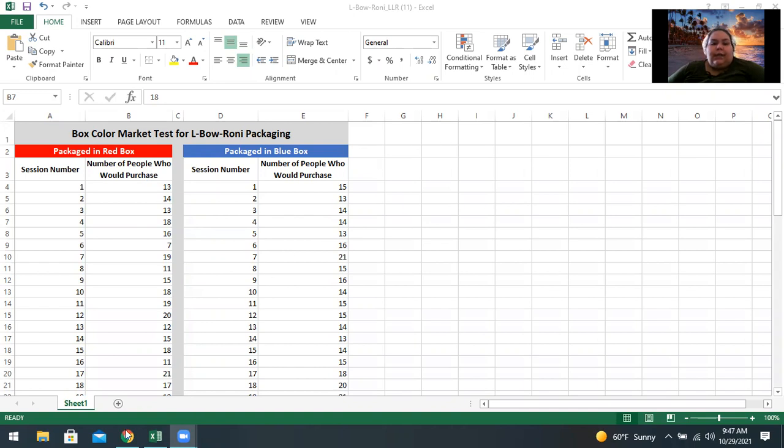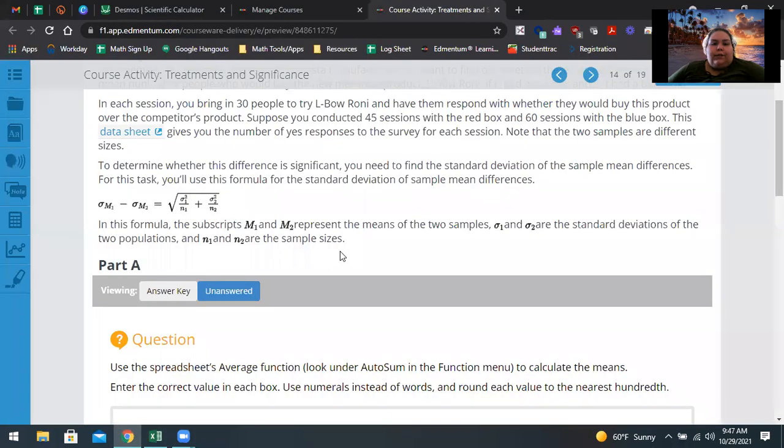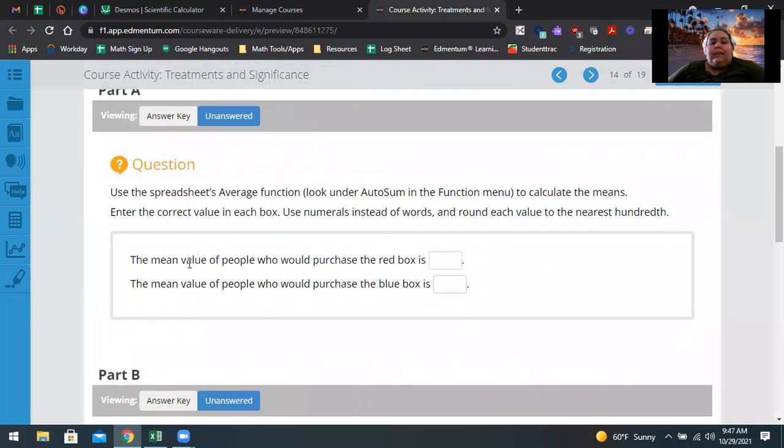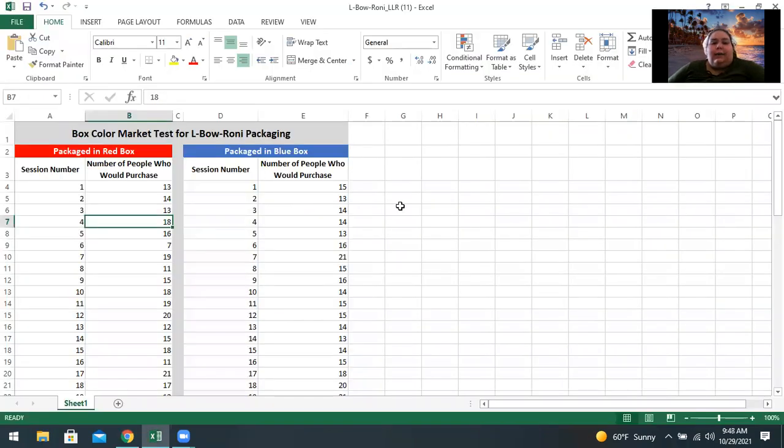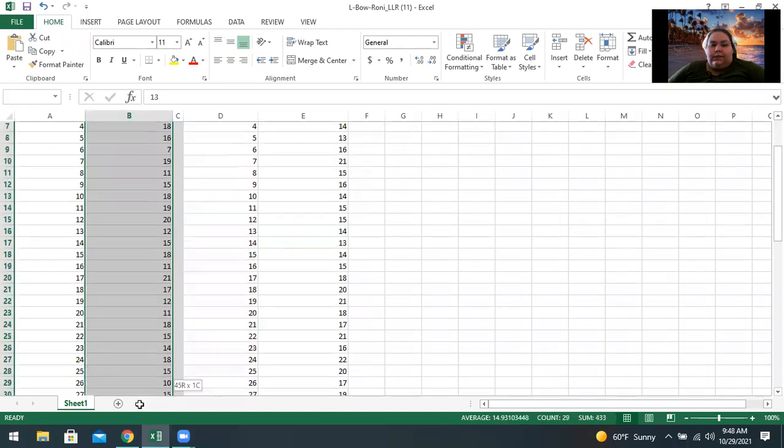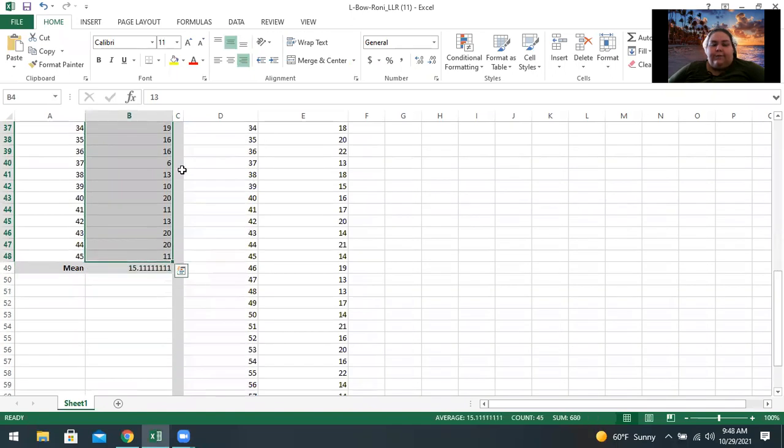Going back over to part A, it says find the mean value. So we're finding the average for the purchases of the red box and then the blue box. With the Excel spreadsheet, it is very time consuming if we had to add up all these values, there are 45 of them.